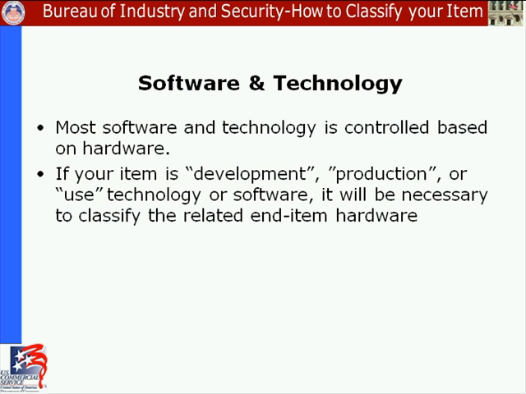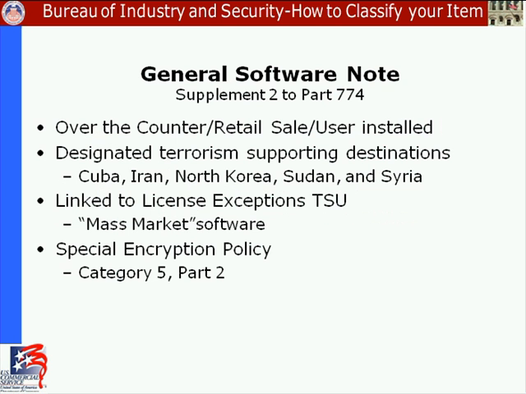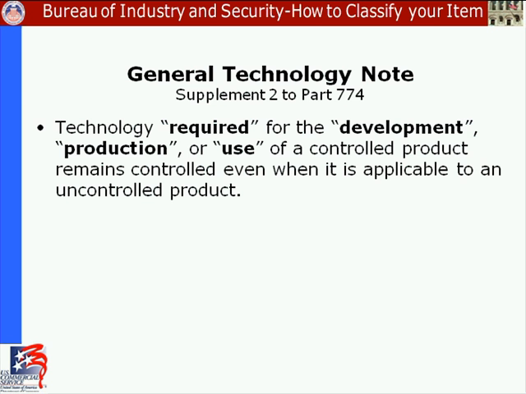Let's look at the next one first: the General Technology Note. Technology required for the development, production, or use of a controlled commodity is also controlled, even if this technology is usable for uncontrolled products.